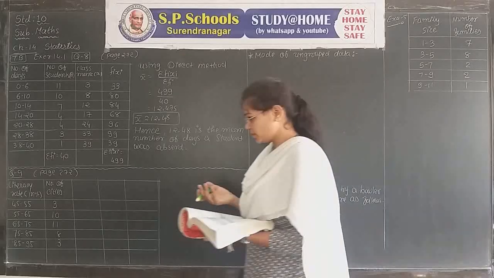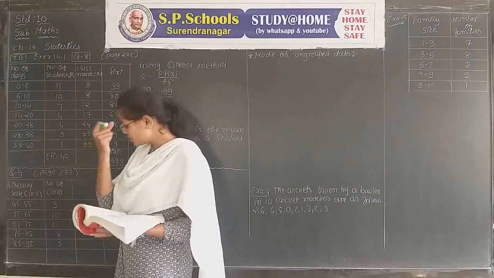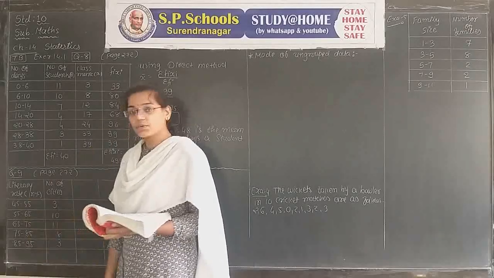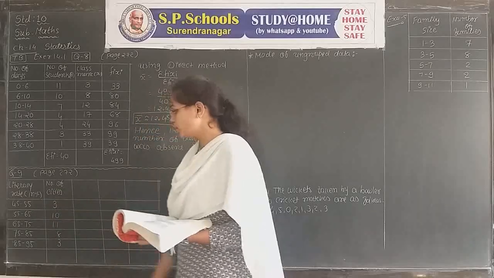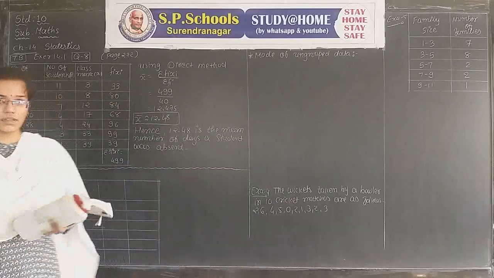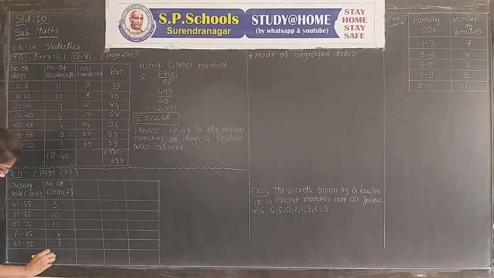The literacy rate in percentage class intervals are given. All class intervals have the same class size, which is 10, and are continuous. The number of cities is called Fi: 3, 10, 11, 8 and 3. There are 35 cities, so sigma Fi is equal to 35.